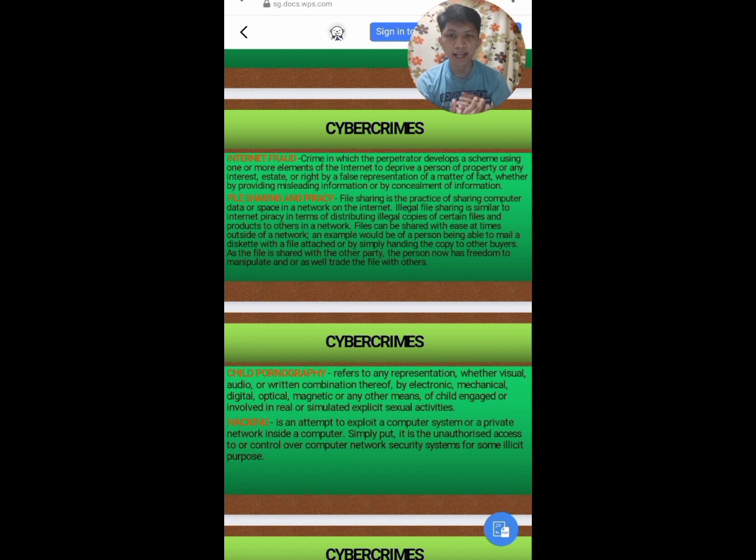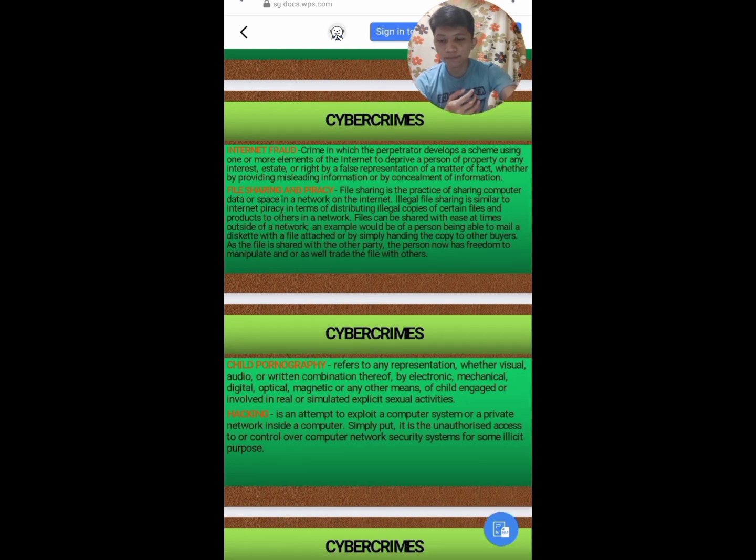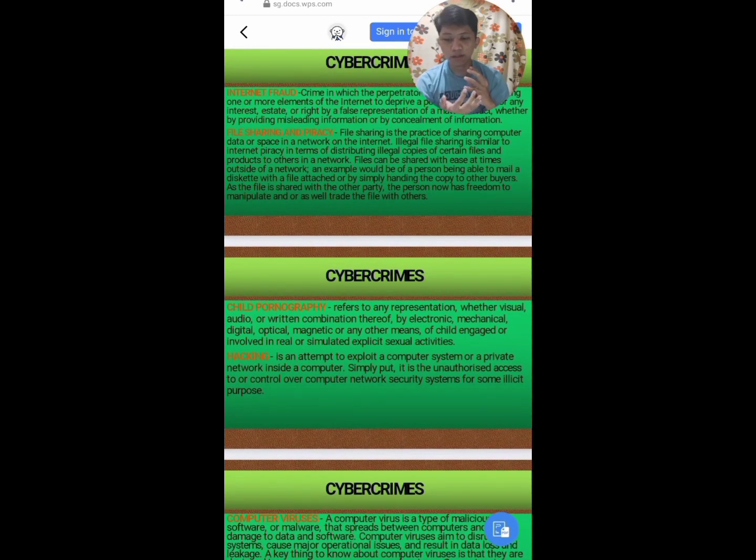Fourth is hacking. It is an attempt to exploit a computer system or a private network inside a computer. Simply put, it is the unauthorized access to or control over computer network security systems for some illicit purpose. And what do hackers want?